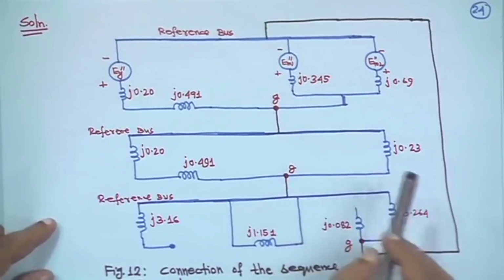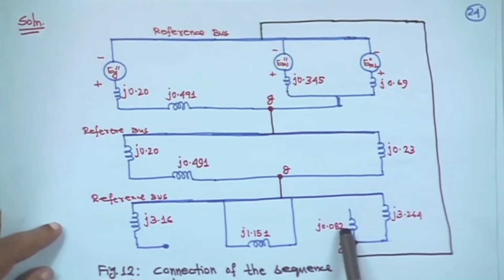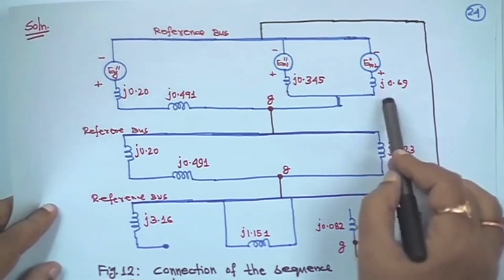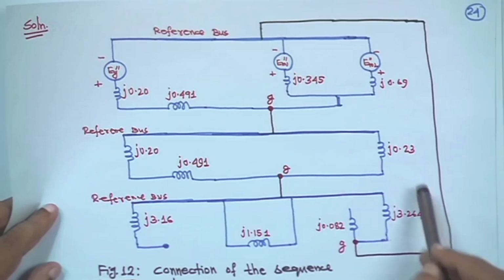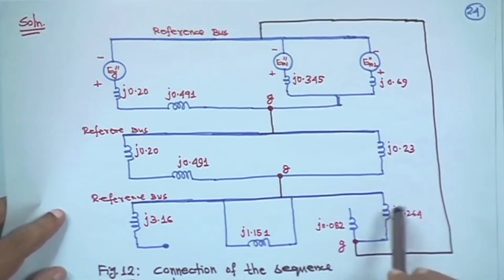Now, if you look into the 0 sequence network, the 0 sequence current will flow from the motor side, because there are 2 motors.